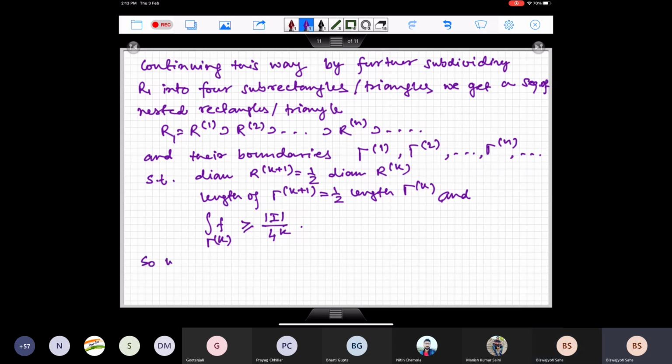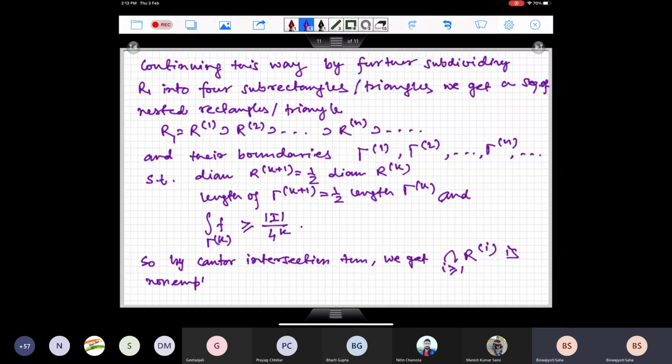So by Cantor intersection, you see all these rectangles; these are compact sets, right? So by Cantor intersection theorem, we get that the intersection of these R_i's, i bigger than or equal to 1, is non-empty.